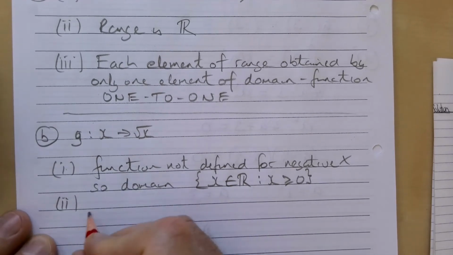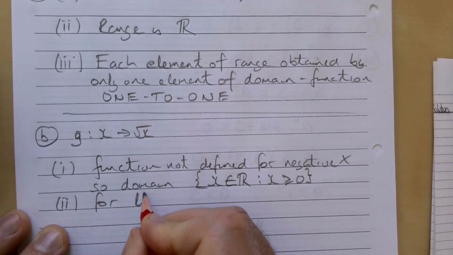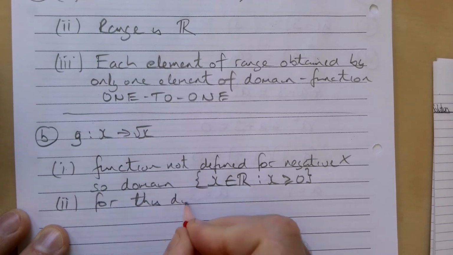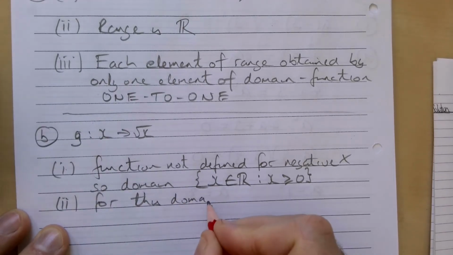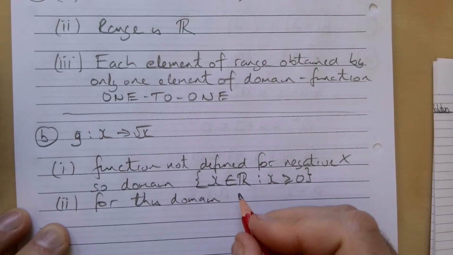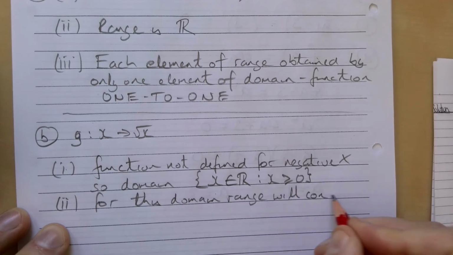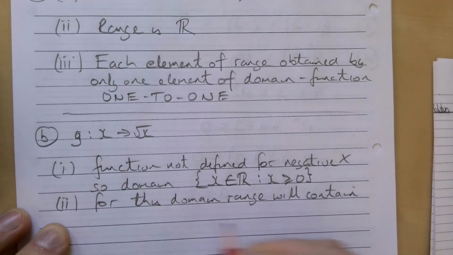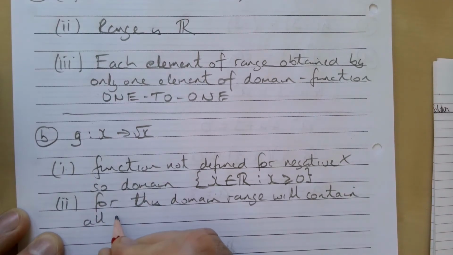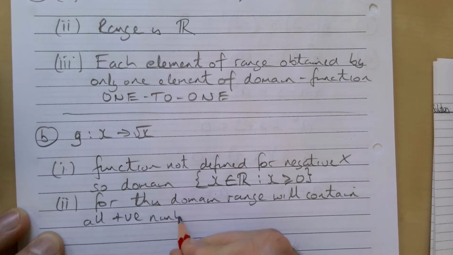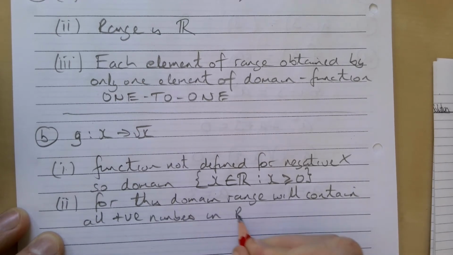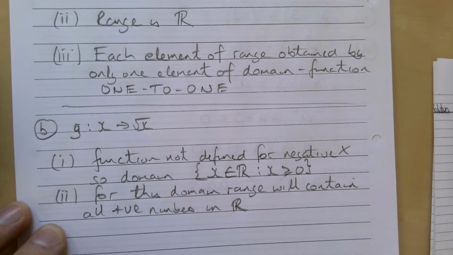So for this particular domain, the range will contain all positive numbers in R, since the symbol means a positive square root.